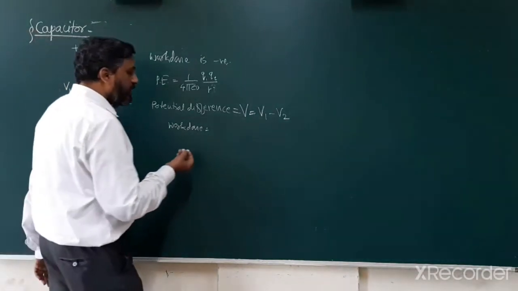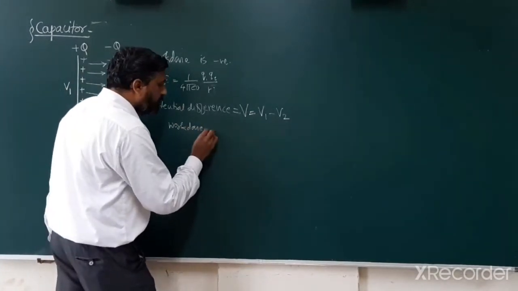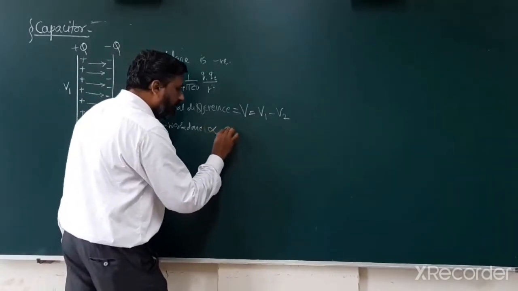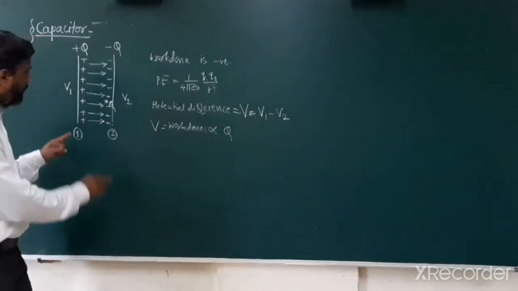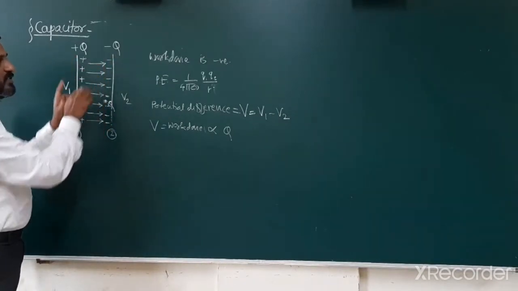So the work done is obviously negative, and that work done or electric potential is directly proportional to the charge, because the distance from this end to the top end remains the same.